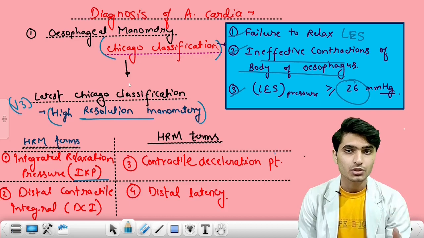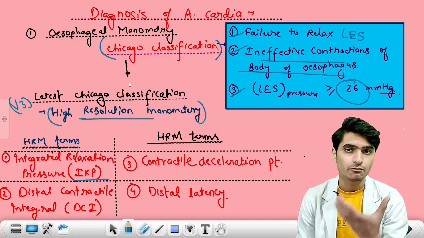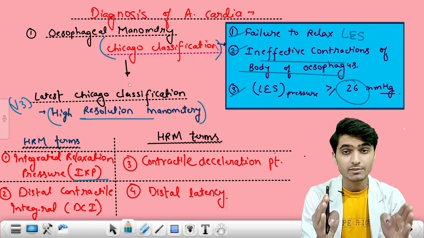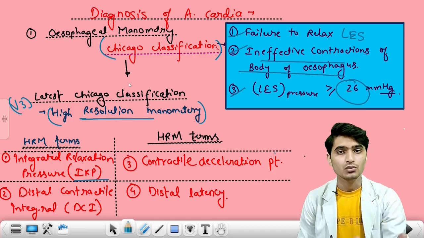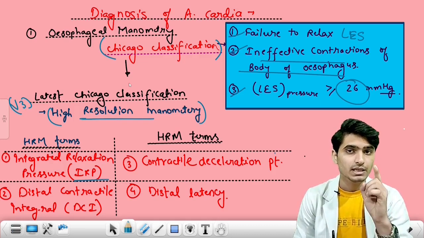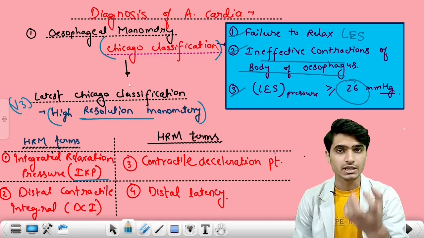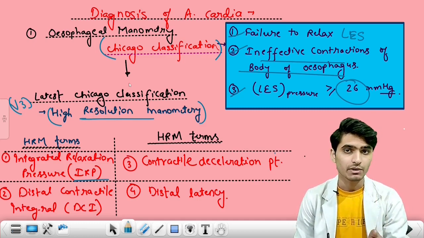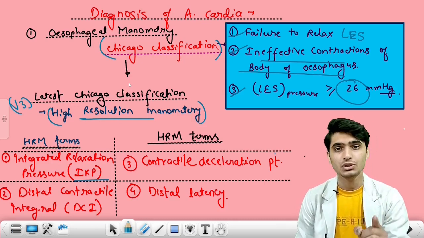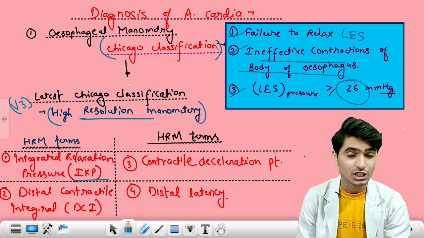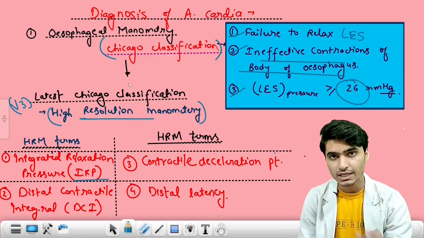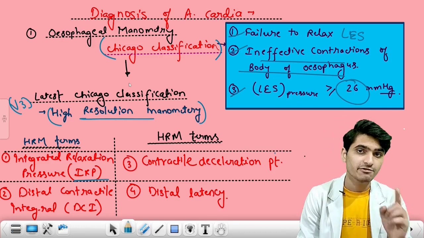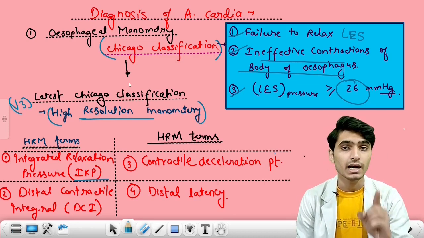In the case of the esophageal pressure topography, what we need to do is take a time segment of 10 seconds, and we need to pick the 4 seconds out of those 10 seconds where the relaxation is maximum after deglutition. We take the average of those 4 seconds, and if the value is less than 15 mmHg, that means the condition is normal, IRP is normal.